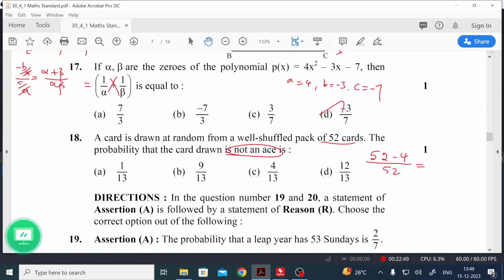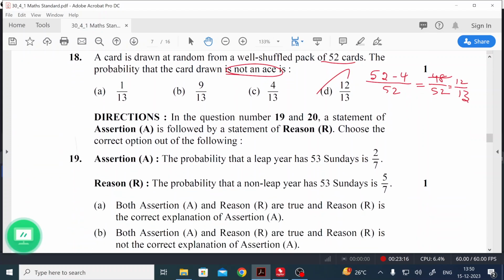That's our required answer. Probability means in the denominator we write n of S value, and what they asked you write in the numerator. Not an ace: except ace cards you take everything. So I am getting 48 divided by 52. Use the 4 table to cancel. So 1 times 12, this will be 13. Then 12 by 13. Where is it? D. Do you understand, children?